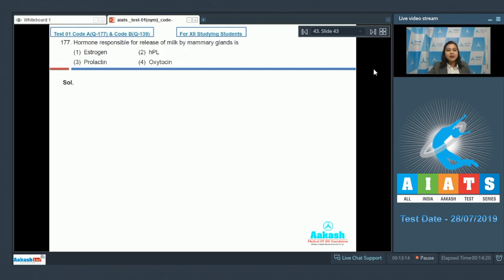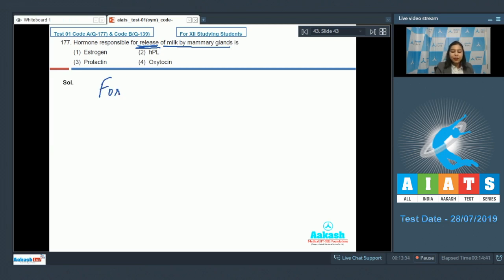Question number 177. Is the hormone responsible for release of milk by mammary glands. Now, very carefully, the release of milk. Does it ask you the formation of milk? No, because formation, there are two events.